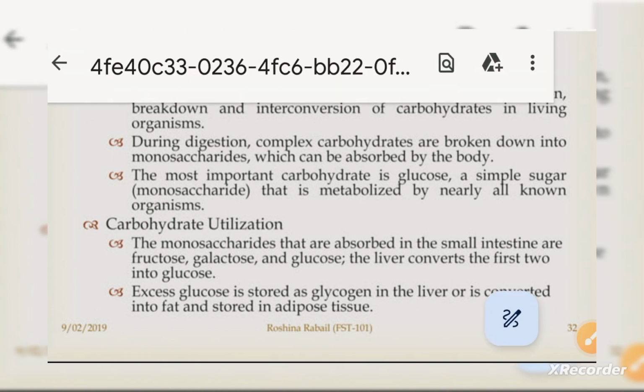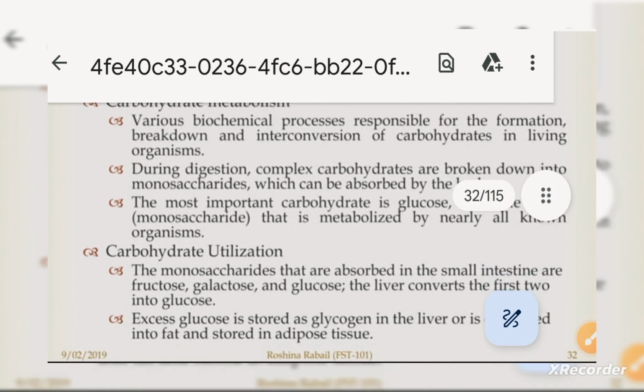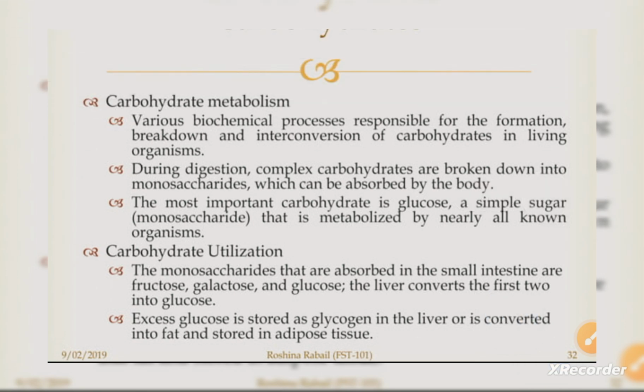Metabolism is defined simply as what we utilize in our body and what comes out as outcome: the various biochemical processes responsible for the formation, breakdown and interconversion of carbohydrates in living organisms. Carbohydrate is an easily digestible unit, because carbohydrate is the main and quick energy source.